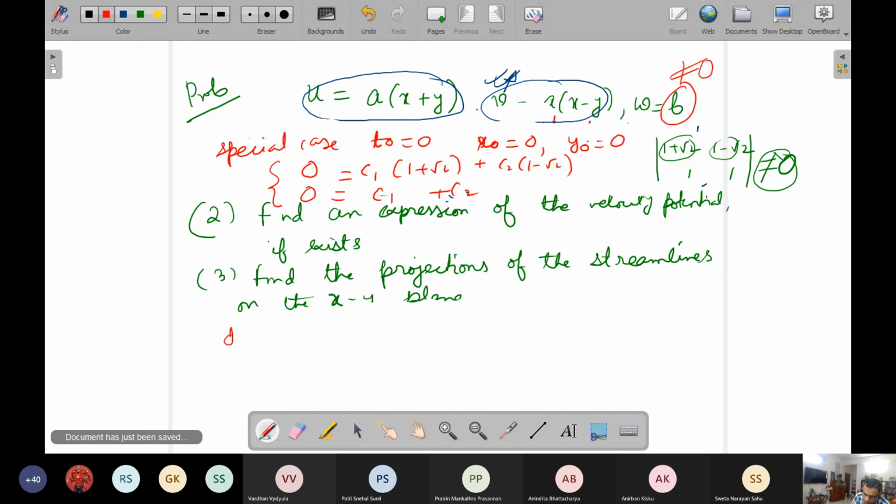That means irrespective of the value of A, the fluid particle will move along the Z direction if B is not equal to 0.